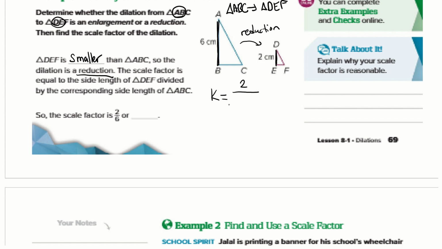So make sure you do the right ones, okay? AB matches with DE in this transformation map here. Okay, so 2 divided by 6, so it's 2 over 6. But that's the same thing as 1/3, right? So 1/3. If you divide both numbers by 2, we get our scale factor. All right, and that's it. So remember, the scale factor is less than 1. That means it got reduced in size.